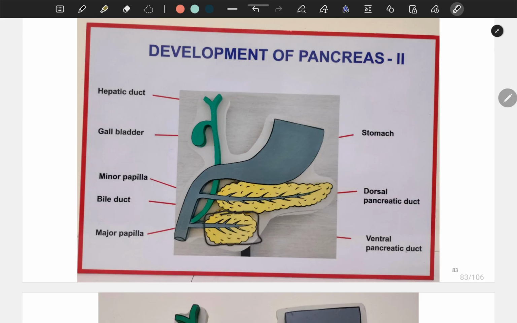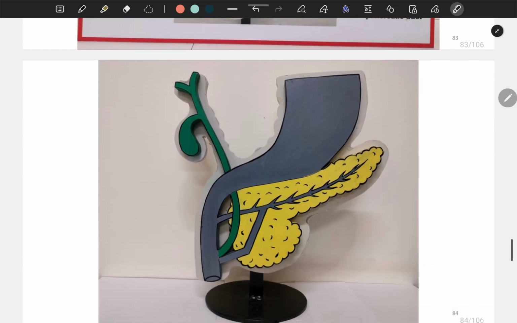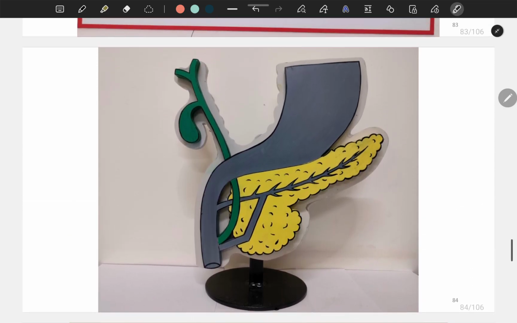This is bile duct and dorsal pancreatic duct. This is dorsal pancreatic duct. This is ventral pancreatic duct. Okay. This is stomach. Next, there will be an anastomosis between the dorsal pancreatic duct and the ventral pancreatic duct. This is anastomosis. Okay.